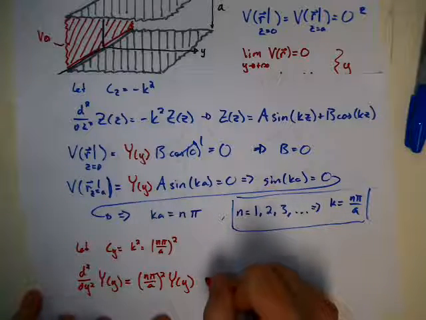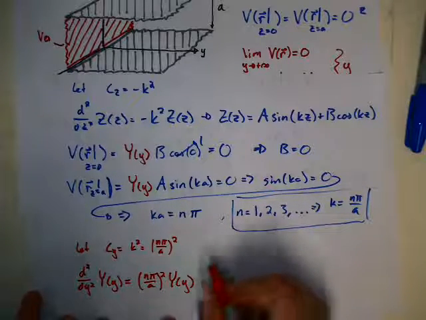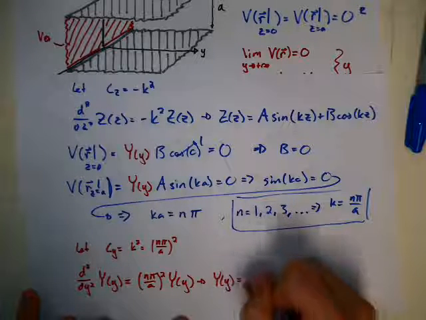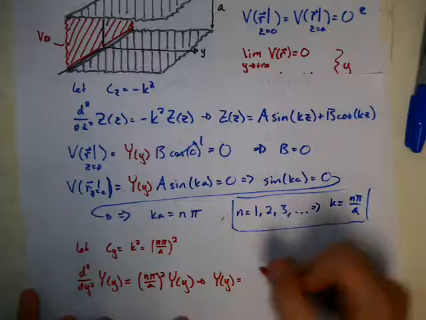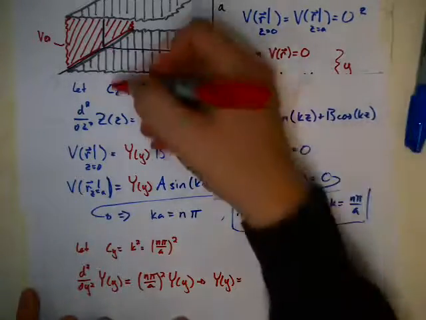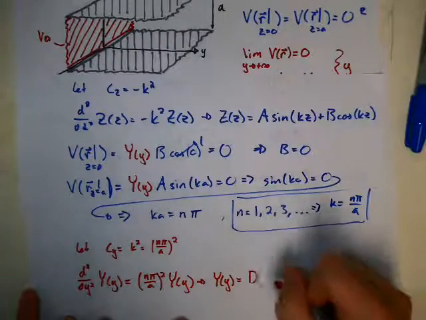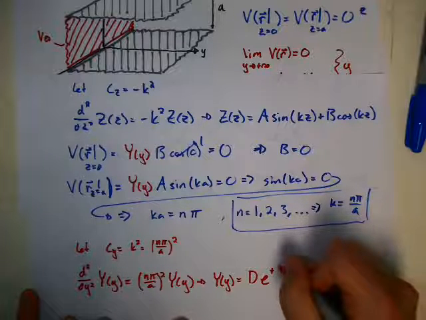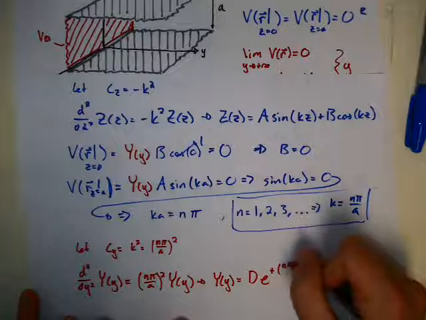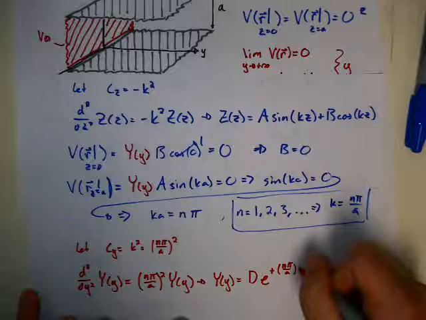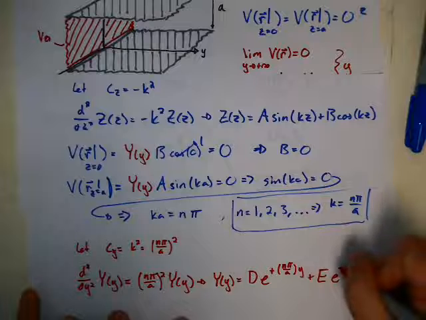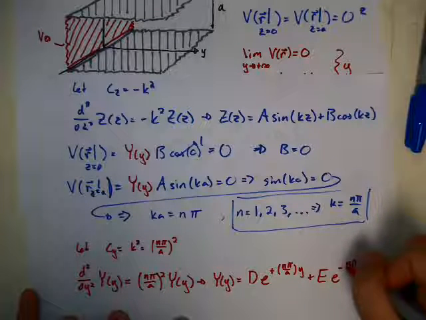And the solution here is going to be that capital Y of y is, let's see, we used a, b, c was used there, so let's go to d, exponential of positive n pi over a y plus e exponential of minus n pi over a y.